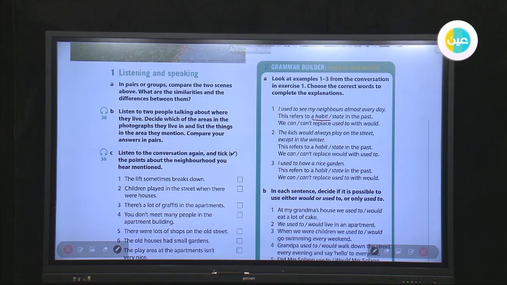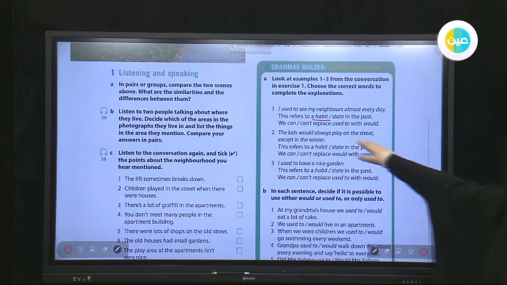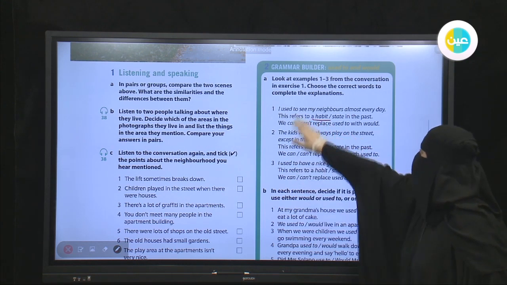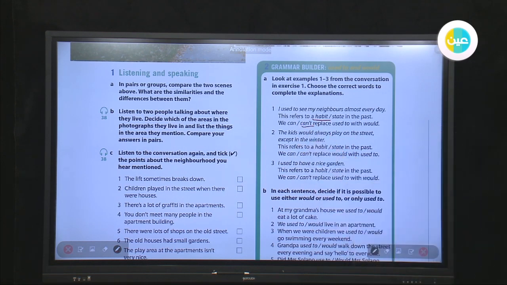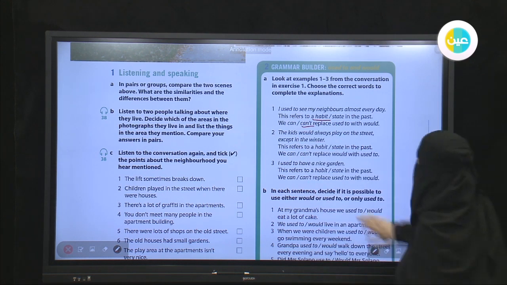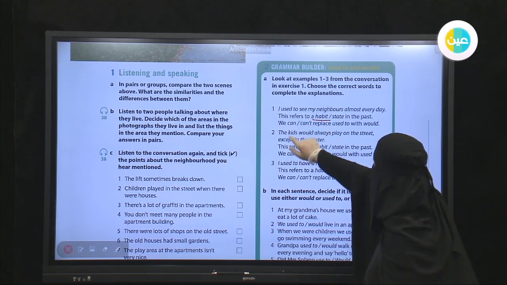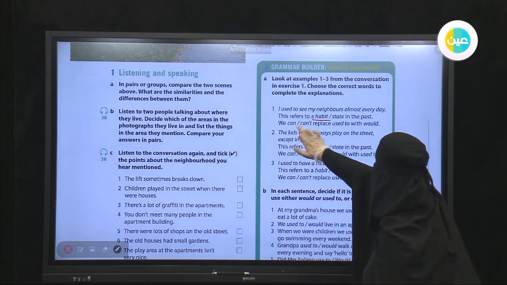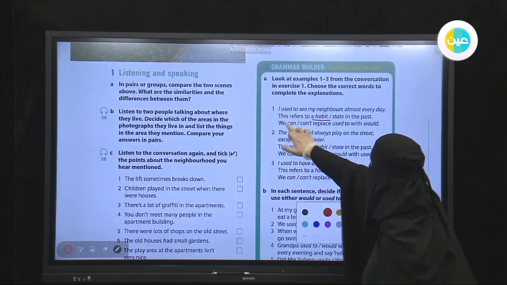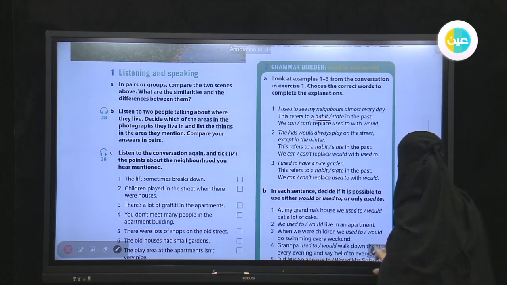We can't replace used to with would. Can we replace it with would? Can we remove used to and put would instead? No, we can't. We can't replace used to with would.